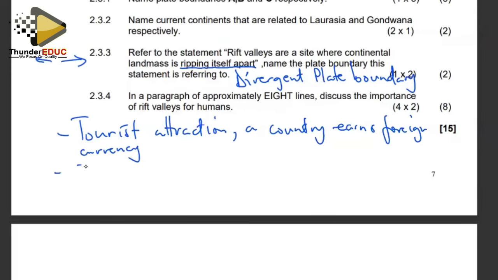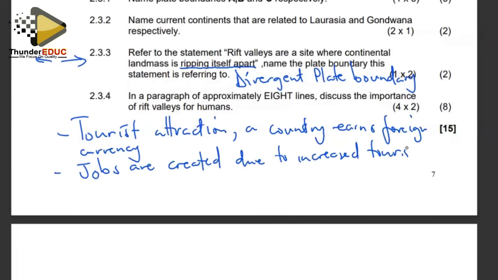And for the sake of tourism, jobs are also created. Due to increased tourism, through the multiplier effect, tourism activities tend to generate more jobs that promote the level of income for the people.